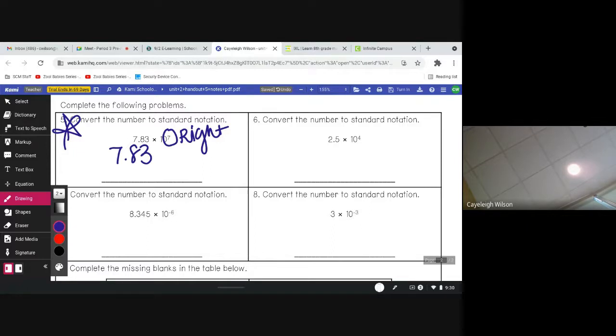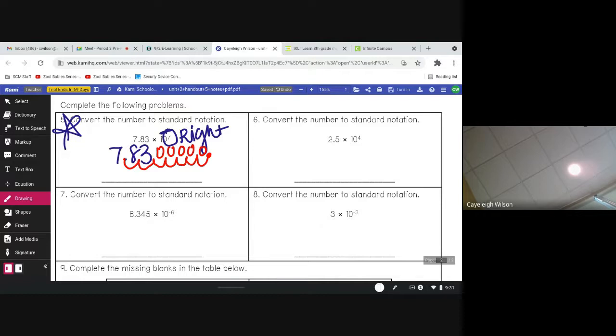So I'm going to start 1, 2, 3, 4, 5, 6, 7. And I'm going to have to fill in zeros in all those places that I move that decimal. So once again, this was positive 7 up here for my exponent.